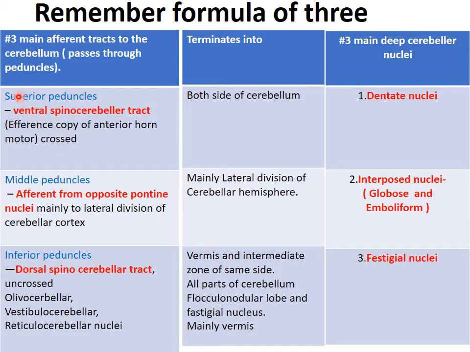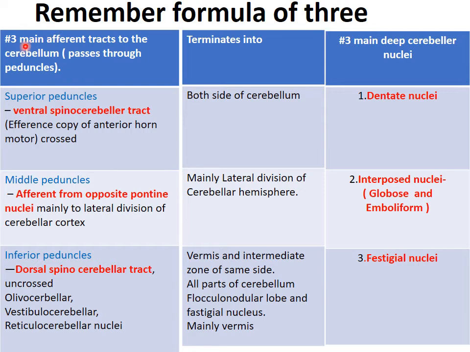The ventral spinocerebellar tract is just an efference copy of the anterior horn motor, and it has crossed fibers. Through the middle peduncle, afferents from the opposite pontine nuclei pass mainly to the lateral division of the cerebellar cortex. Through the inferior peduncle are the uncrossed fibers, consisting of olivocerebellar, vestibulocerebellar, and reticulocerebellar fibers.